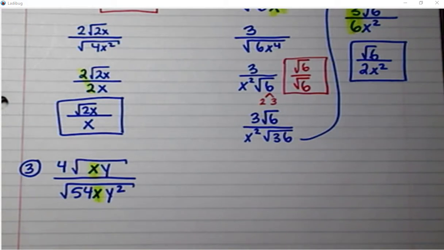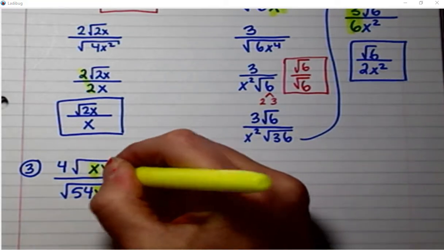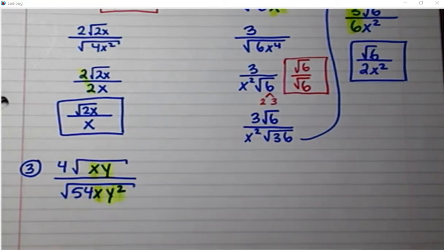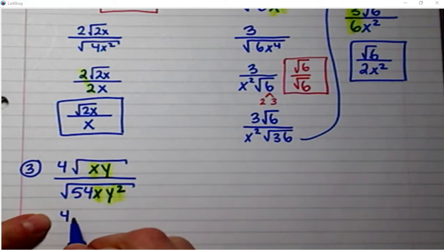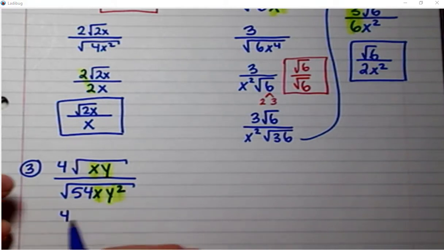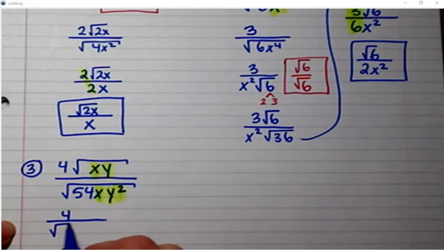Luis, what else can I do to simplify this? Or you can get rid of the y on the top. Okay, so the y's are going to reduce and leave just one on the bottom. Okay, awesome. Because this is kind of two steps, just a 4 on the top. Okay, cool.